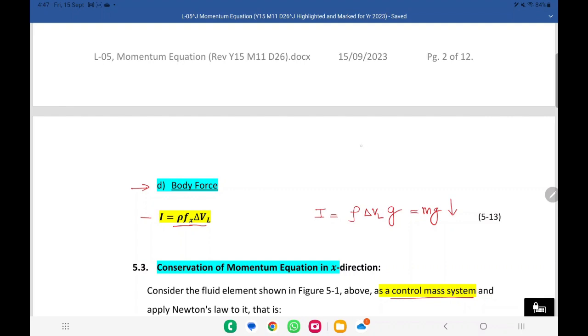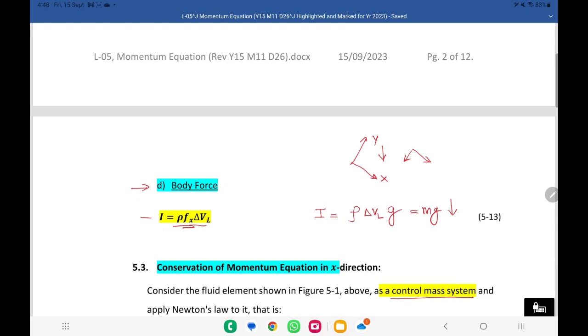Just see, if your axis system is like this, a force here will actually have two components, one here, one here. So Fx is the component of the body force in the x direction, and it can be in all three directions. Whatever it is, it may be 0 also. If x, y and z are so aligned that only y is vertical always, then x is 0, z is 0.